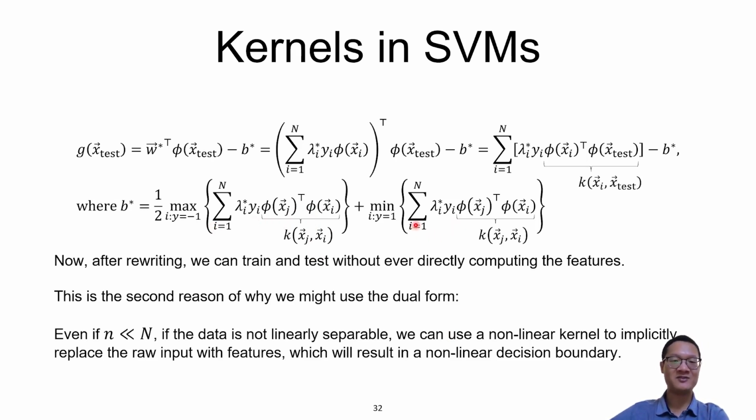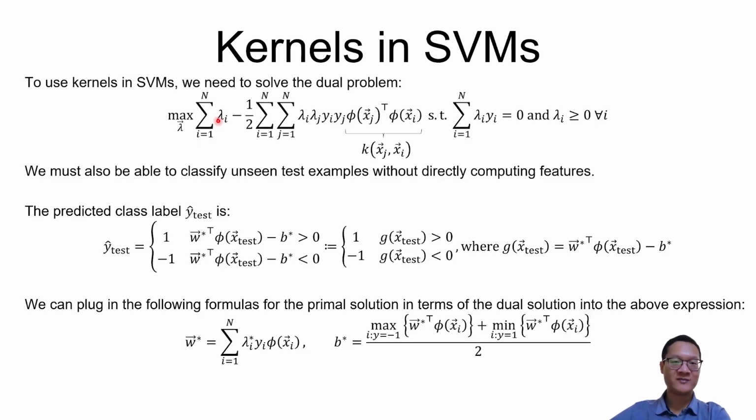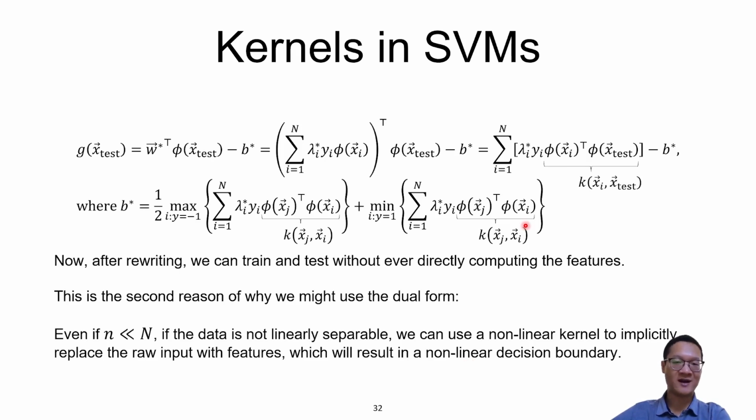But in the end, everywhere, both in the training as well as in the testing, phi always appears as phi transpose phi. That means that we can replace all of that with the kernel. So we can train and test without ever having to directly compute the features.